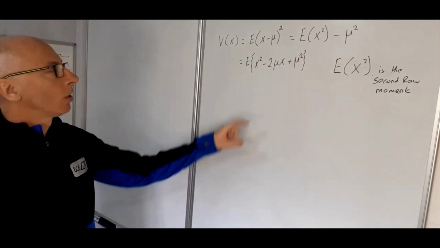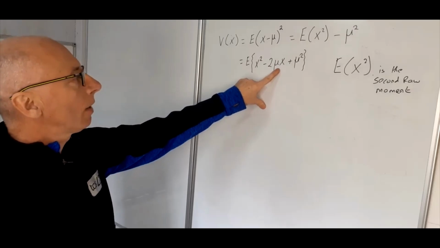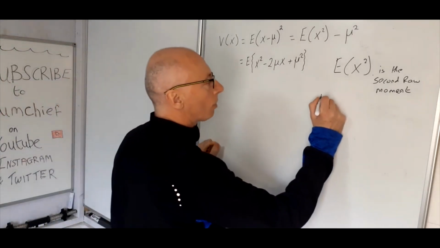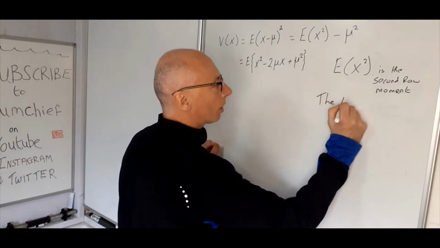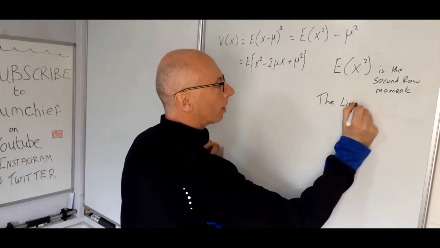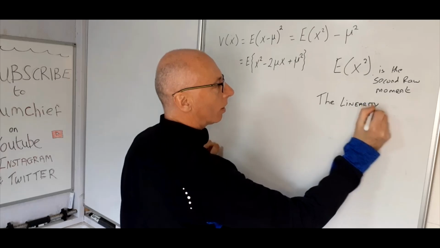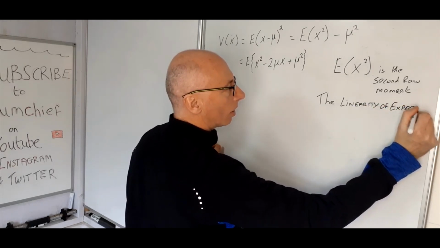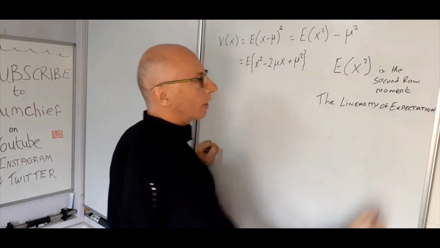Now one way we can do this is to have a look at something called the linearity of expectation. So I'm just going to write this up here for you. The linearity of expectation. Let's hope I can fit that in on the board.